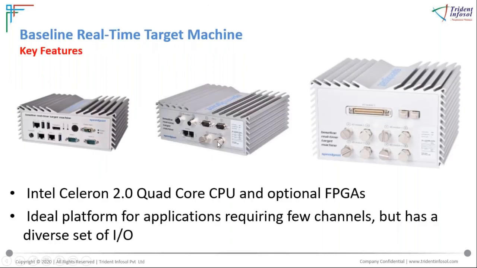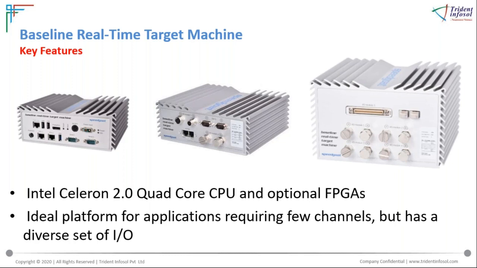The next target machine is the Baseline real-time target machine. It is also a smaller target machine which provides IO support for diverse functionalities. Here there are two variants: Baseline S, what you are seeing in the first two images, and Baseline M, the third one.